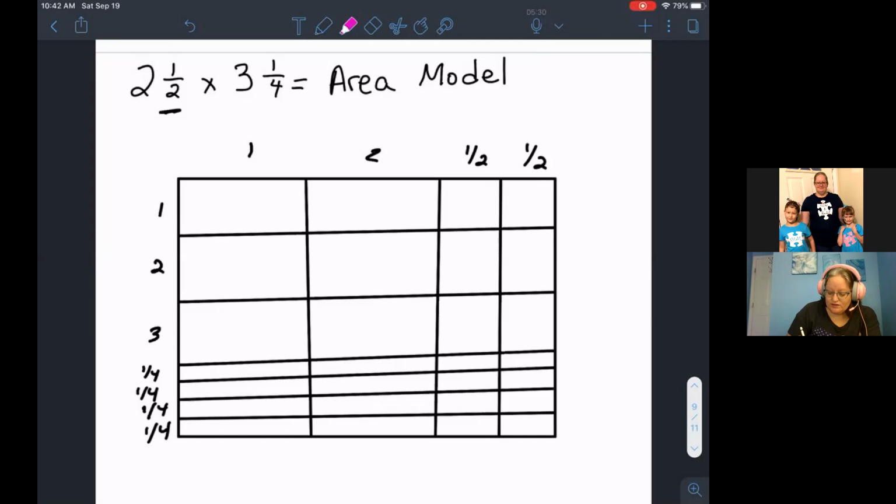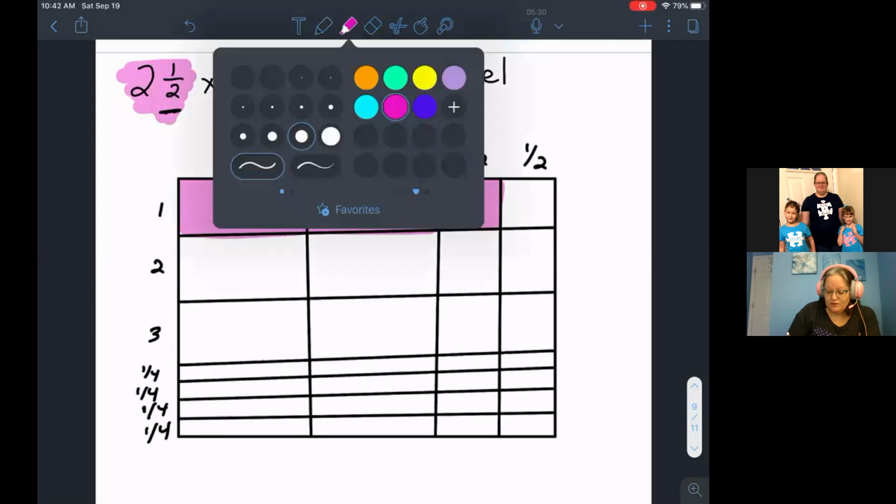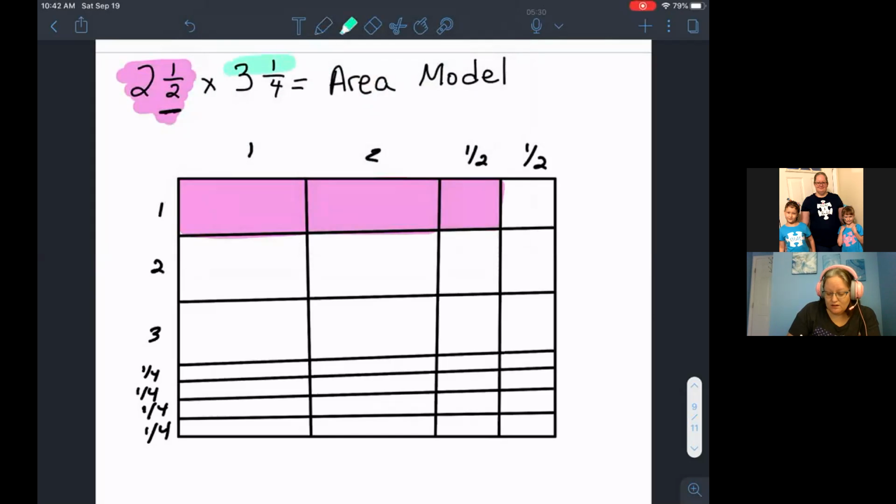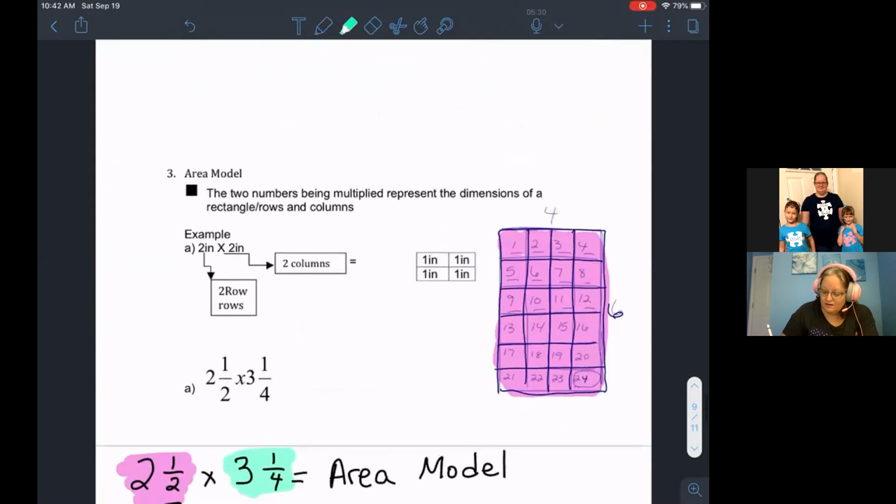So now what we need to do is find what each section represents. So let's say we're going to do the 2.5. It'll be this way, 1 unit, 2 units, and it's only going to be a half of the third unit. So that's the 2.5 represented. And then the 3.25, now they overlap just like up here. This row and this row, they both overlap there.